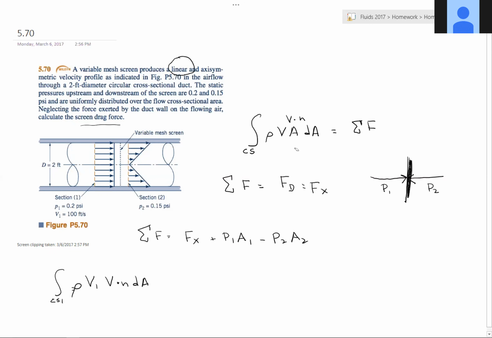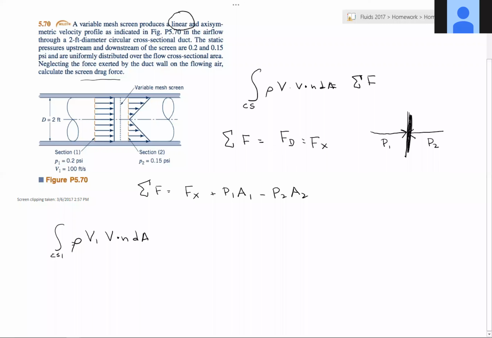I wrote this so poorly. Let me get rid of this. So that's V times V dot N dA. Yes, so P1 and P2 are acting on the mesh screen. They're considered our control surface. Okay, so for this particular surface, control surface 1, can we take it out of the integral?